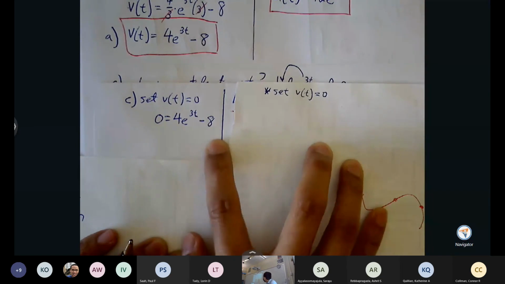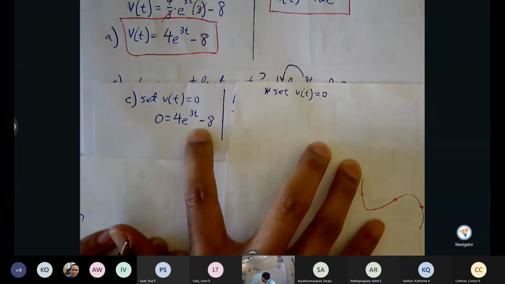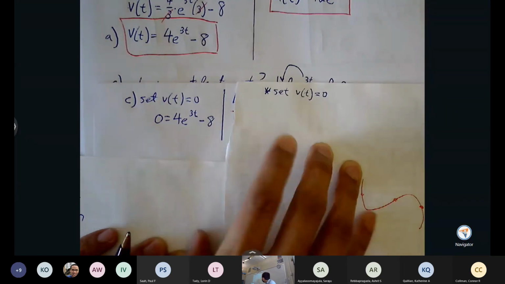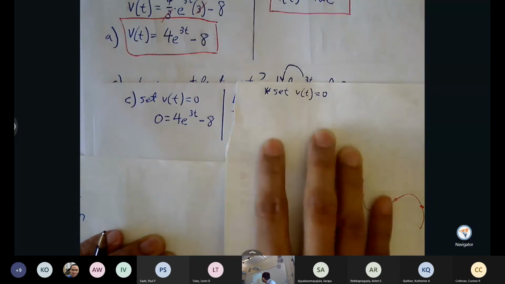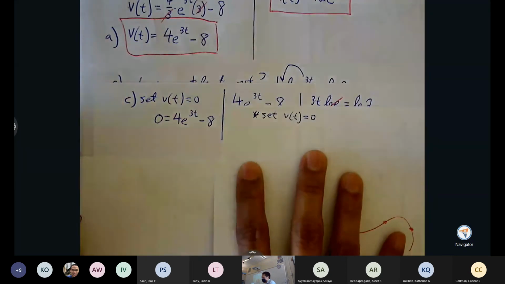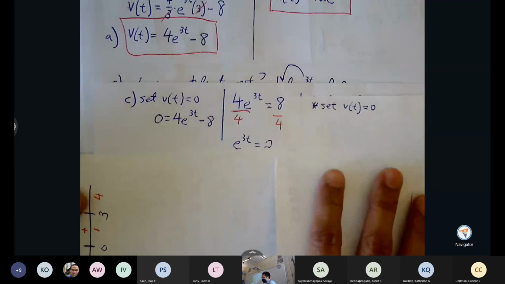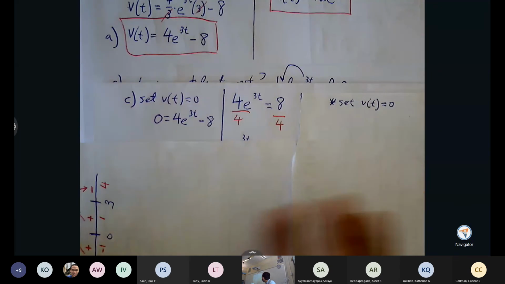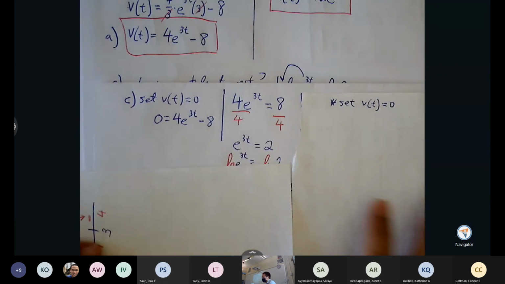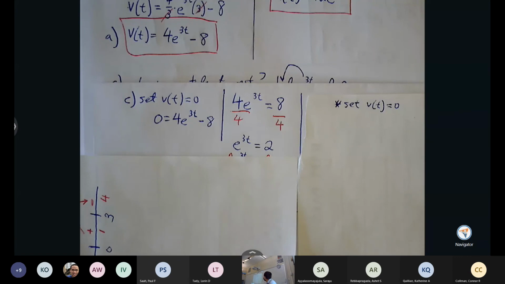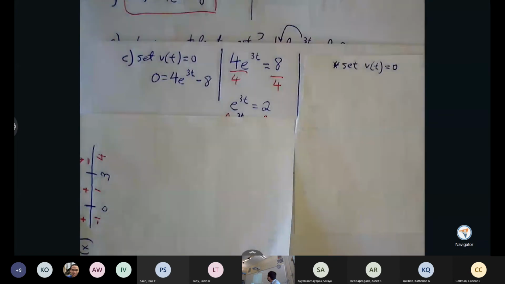So if I want to set velocity equal to 0, I'm going to solve for t. So I'm going to bring that 8 over, divide both sides by 4. And I'm down to e to the 3t equals 2.